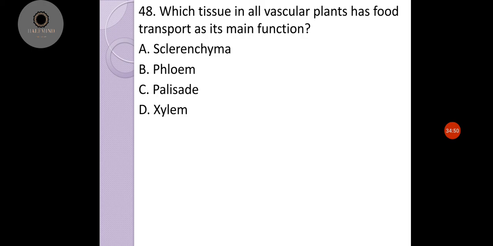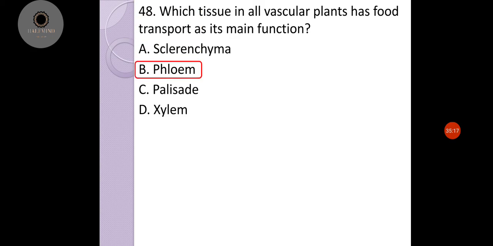48. Which tissue in all vascular plants has food transport as its main function. A. Sclerenchyma, B. Phloem, C. Palisade, or D. Xylem. So, meron din tayong technique kung paano natin ma-identify ito. Pag foods, it's the phloem.